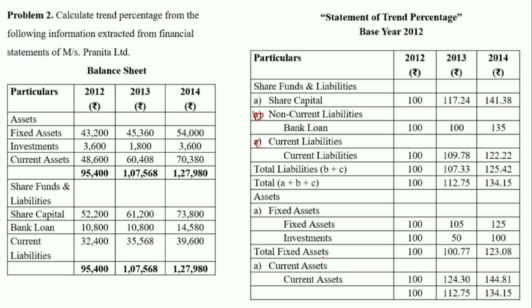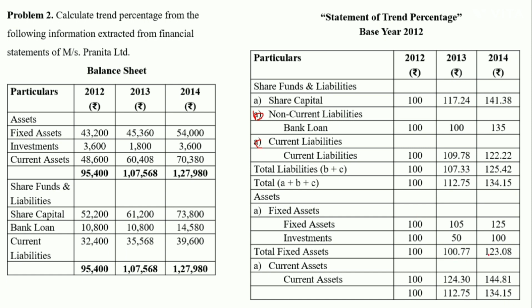Similarly for fixed asset it is 100, 100.77 and 123.08. The fixed asset and non-current liabilities are the same during 2012 and 2013 and increase during 2014.